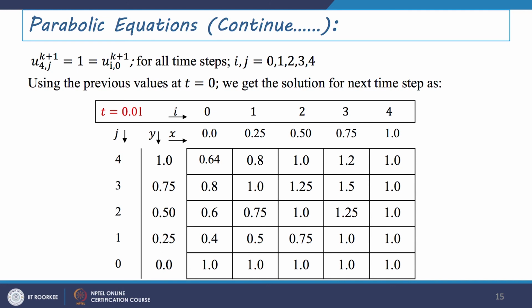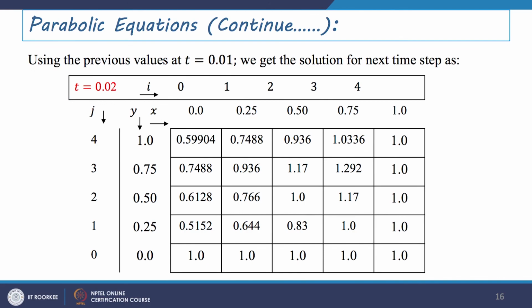And these values can be used for the next step of calculation of u values for j and i coordinates. If you use these previous values at t equals 0.01, we get the solution for the next time step, that is t equals 0.02.